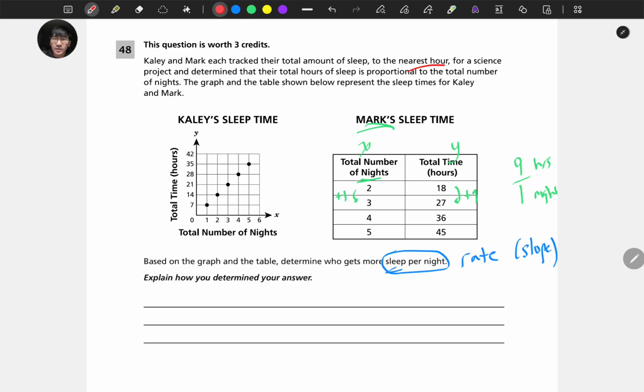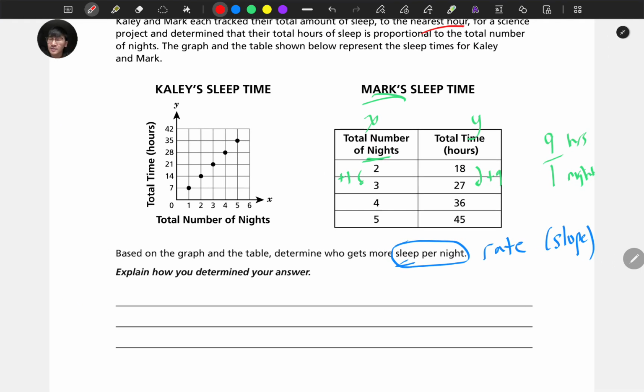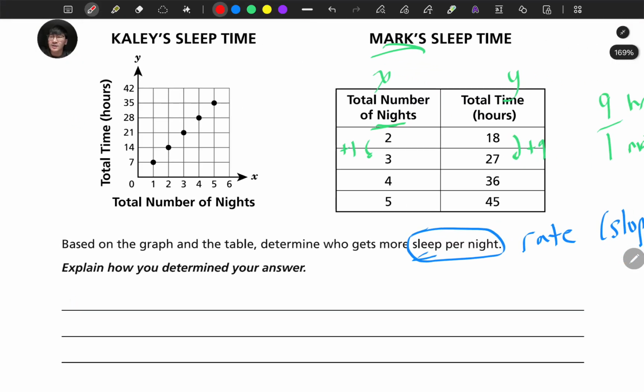And now we gotta calculate the sleep that Kaylee gets per night. How you do that? There are many ways. Just remember in the previous video, to compute the rate of change, you could choose any 2 points. But look at this one. This is very, very convenient because this represents a proportional relationship. And look here, look at this very special point. That's an easy point, 0, comma 0. So if you did this kind of math that we just talked about, or you just read this value, it says that this is 1 comma 7.